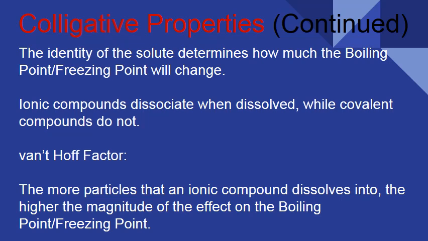And the higher the Van't Hoff factor, the higher the effect that raising or lowering a solution's concentration will have on the boiling point and freezing point of that solution. You will not need to know any specific formulas for calculating the change in boiling point or freezing point of a solution on the Regents exam.